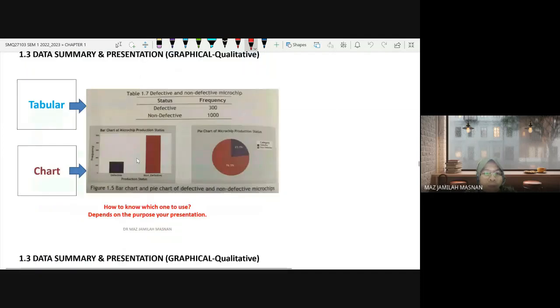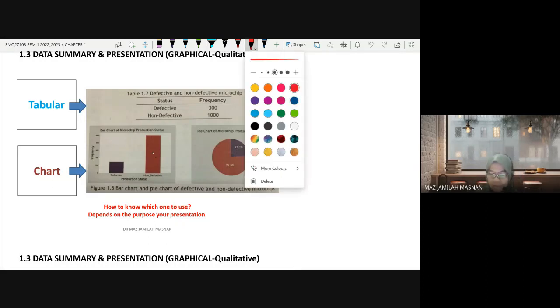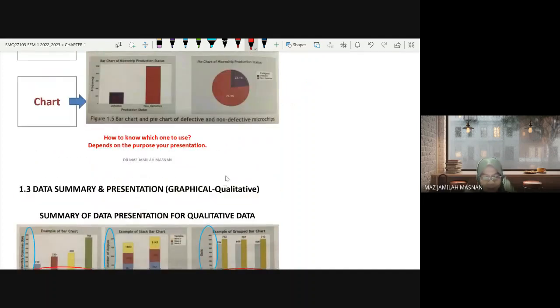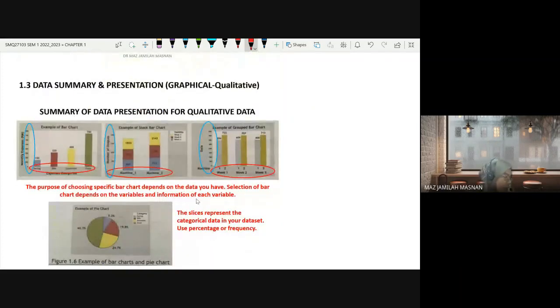Now, if you go to your textbook on page 14, you can see this particular example. You can see these pie charts, and if you look at page 14 as well, you can see different types of bar charts.